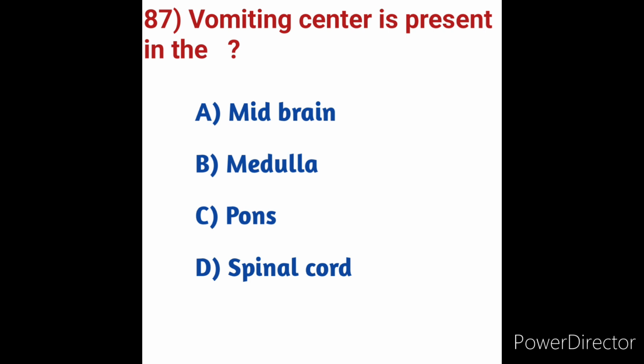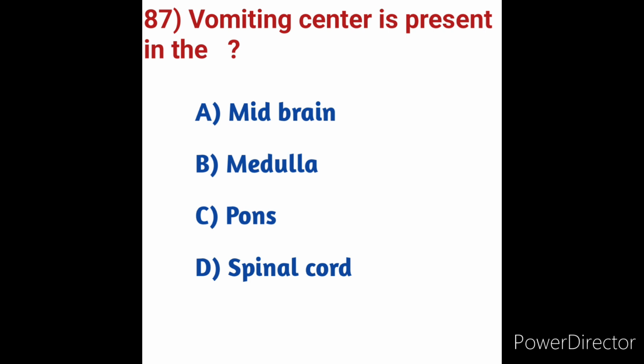This is related to question number 70: which part of the brain controls the heart? Option B, medulla oblongata, is the correct answer there. Here, in which part of the body is the vomiting center present? Option B, medulla oblongata, the same answer. Both have the same answer but are different questions.